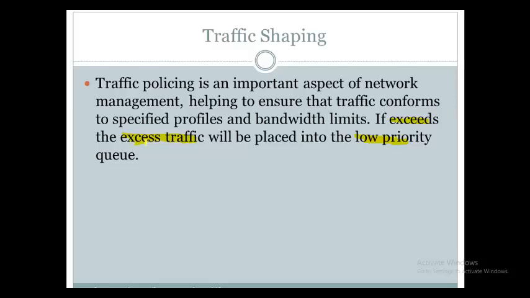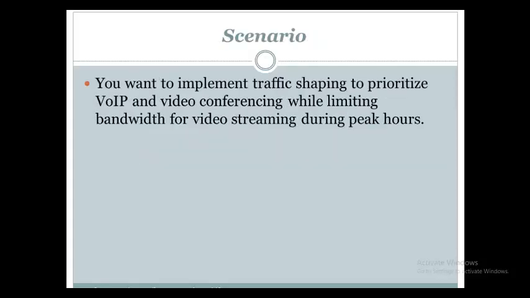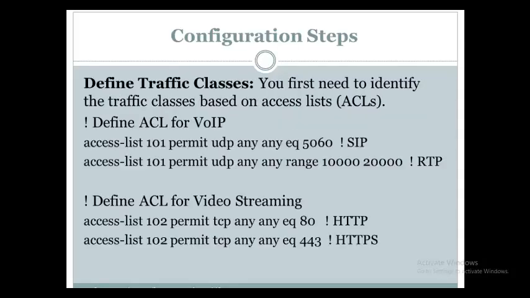Now you are writing two class maps, one to match the voice over IP, highly sensitive, and one for comparatively low sensitive traffic. Two class maps. And then you go to the policy map called traffic shaping. Any name you can give. It can be any name.